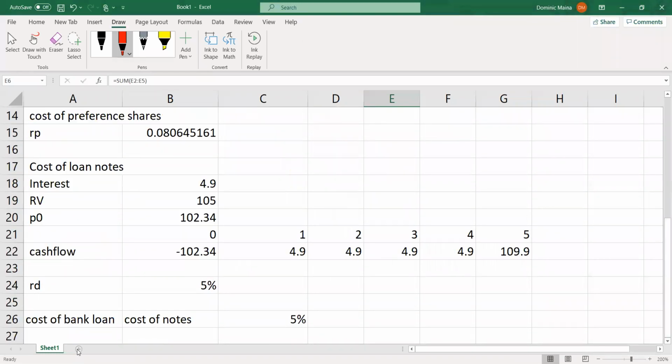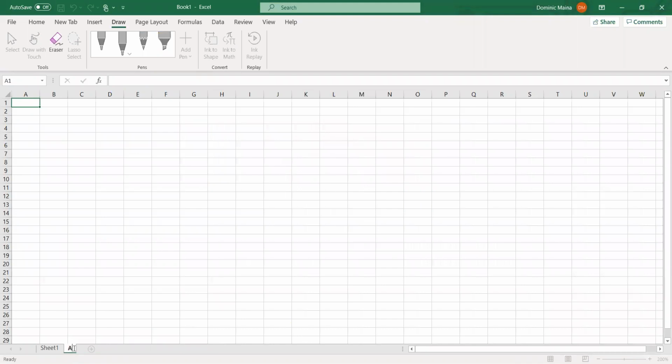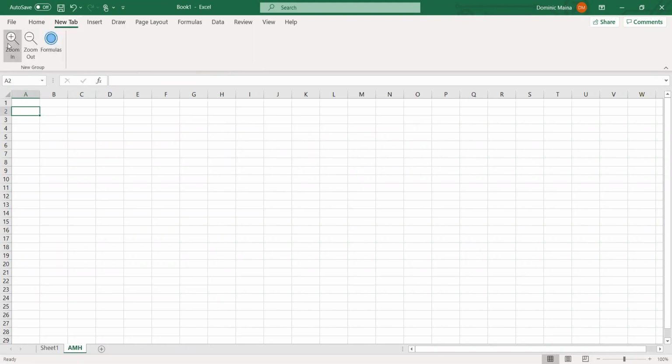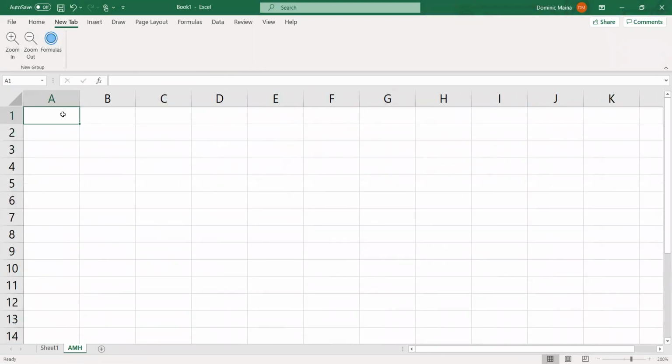Let me call it AMH Company. Remind me to share this, work with you later on. So get to know where the money came from. So capital sources. For this company, there's equity, and for equity, as I've just said, it's only the issued share capital, not the retained earning.